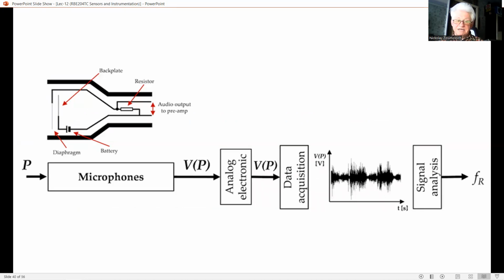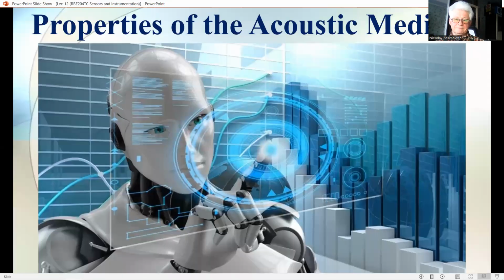In the ensuing section, various methods for contact-free distance measurement are given. And finally, in the application section, we discuss examples of ranging, imaging, and interfacing. In this part of our lecture, called properties of the acoustic medium.